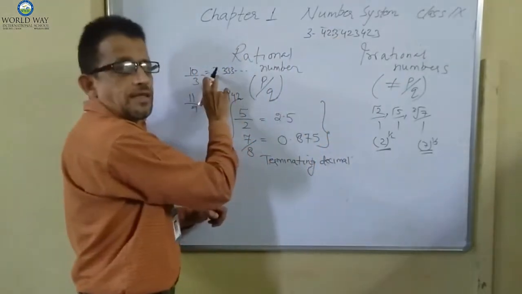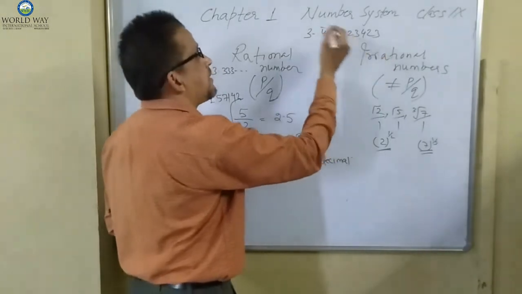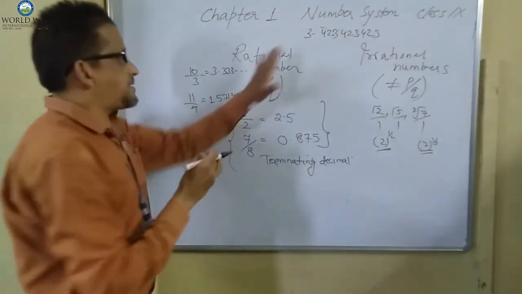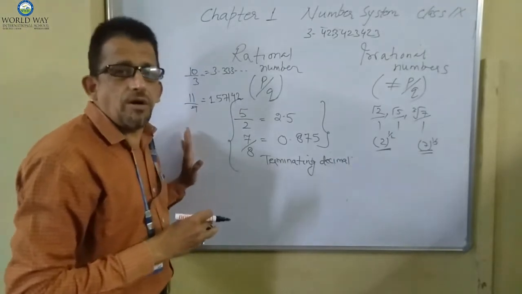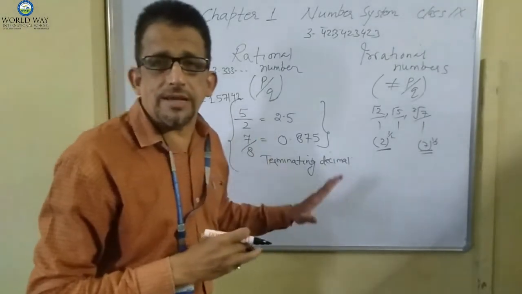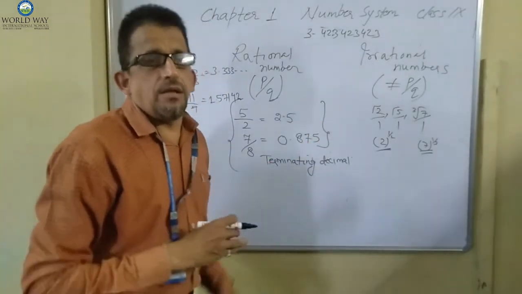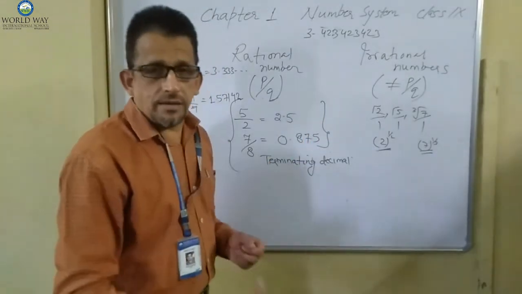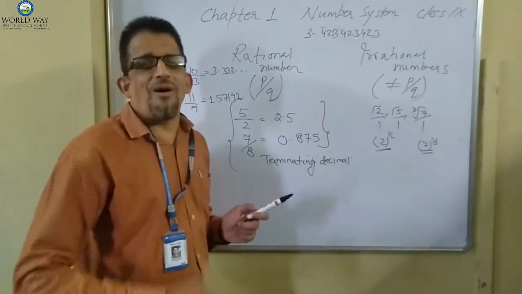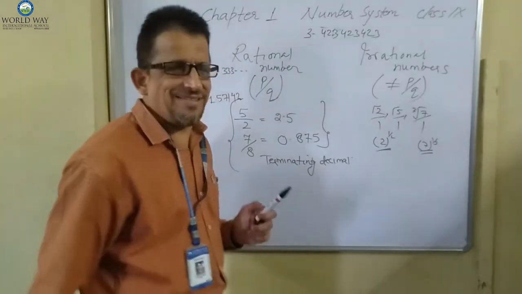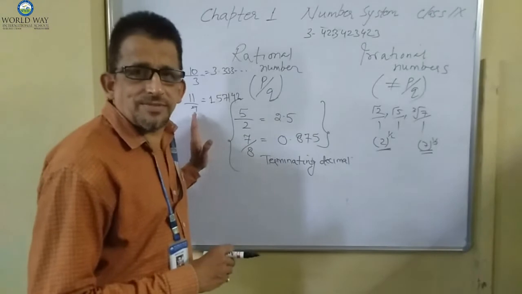Here only a single digit is repeated. In such examples, sets of digits are repeated. These are examples of rational numbers which are called non-terminating repeating, or recurring, or periodic, or circulating. There are four names.